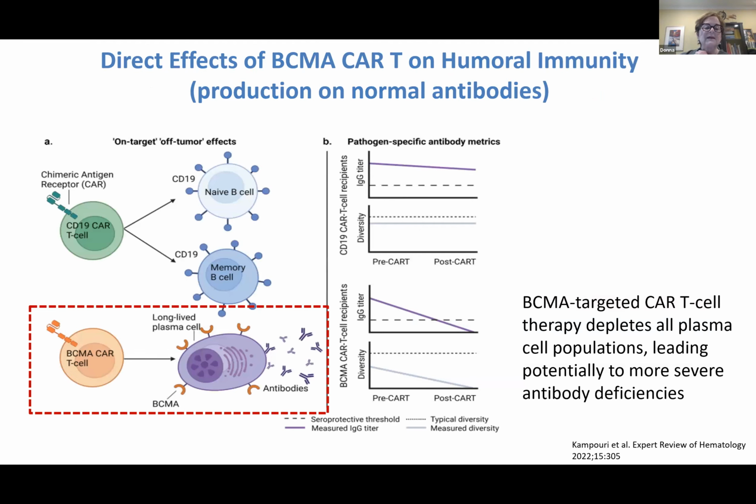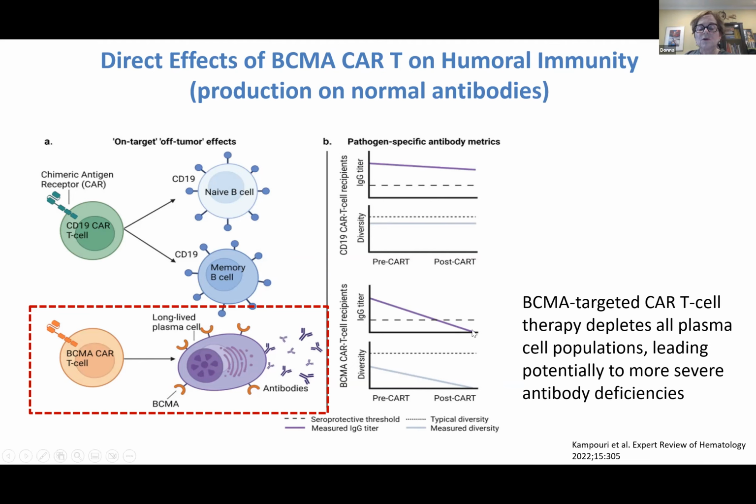Just in the last few minutes, I'll talk about the effect on the immune system. Now, this is the effect of lymphoma CAR T. It's directed against earlier B cells, but still they go on to potentially become myeloma cells. When you kill the myeloma cells, the CAR T cells can't tell the myeloma cells from the normal plasma cells. So normal plasma cells make our antibodies.